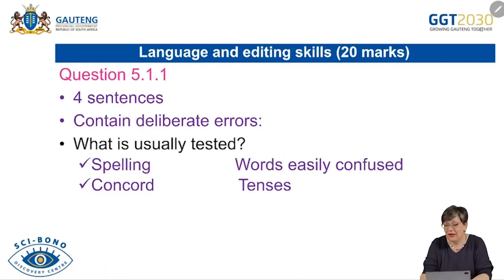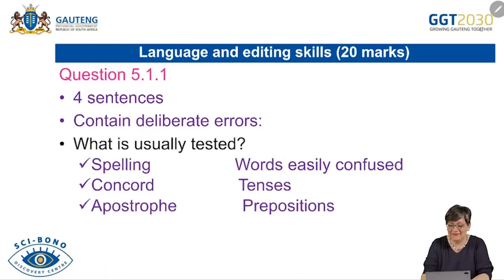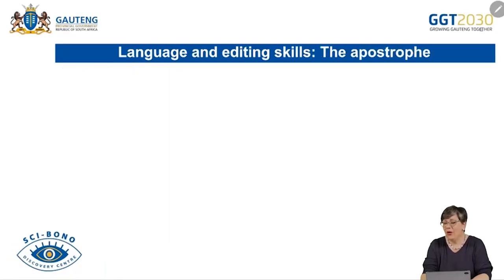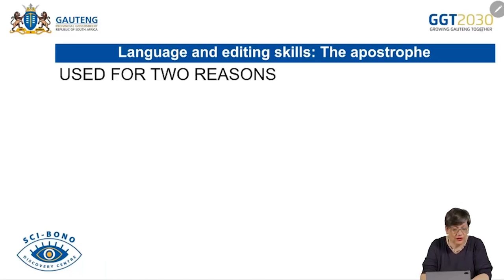There will not be 3 sentences with spelling mistakes. Each sentence will test something else. So be on the lookout for these things that are tested. Now, one of the things that are often tested is the apostrophe. And the apostrophe is quite difficult sometimes. So I thought it was a good idea to quickly run through the apostrophe. Now, you know the apostrophe is used for 2 reasons. We use it for contractions or omissions. For example, where do not becomes don't.